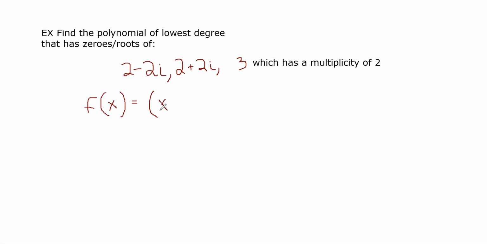Well, it's going to have to be x minus whatever the root is. But the whole root is 2 minus 2i itself. So it's going to have to look like this. Then we're going to have to do x minus 2 plus 2i.